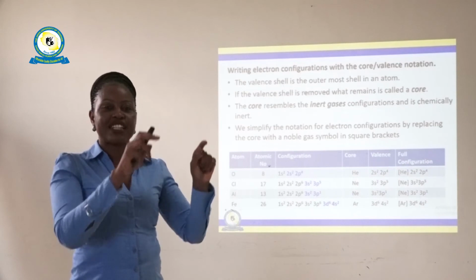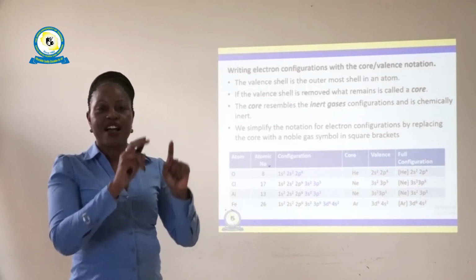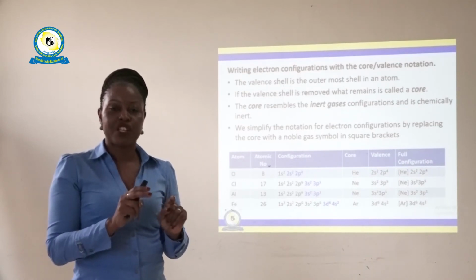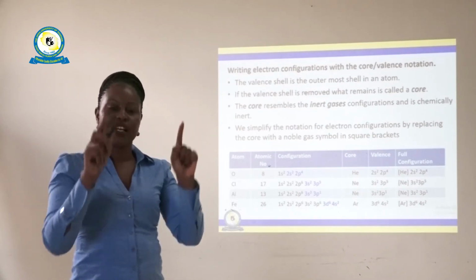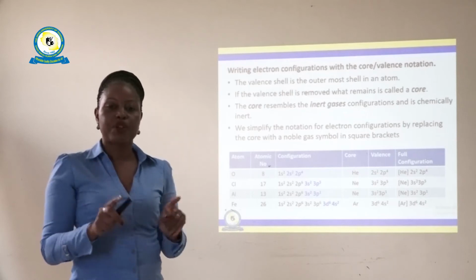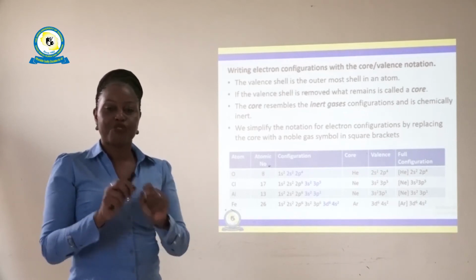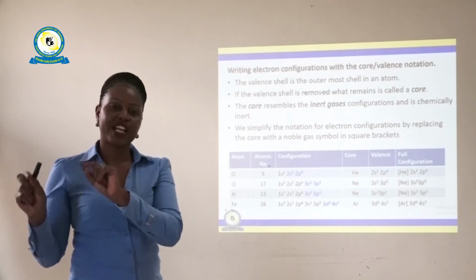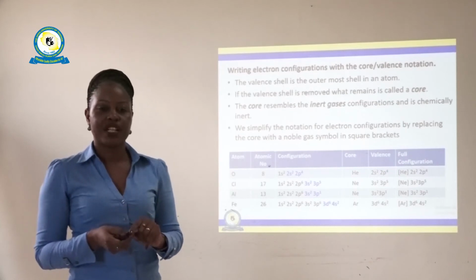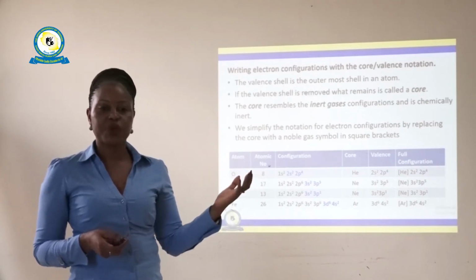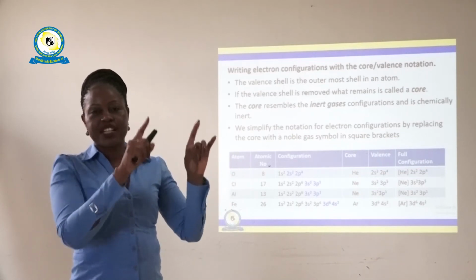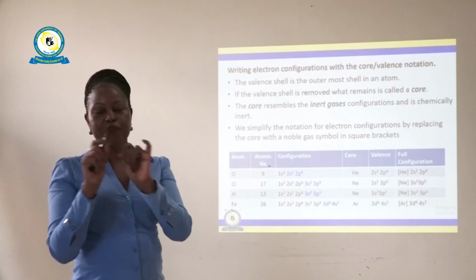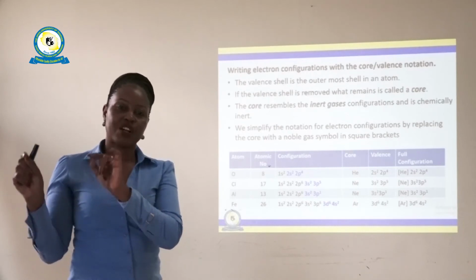But we know that the 2 electrons correspond to helium. So instead of writing the full configuration, you just write helium in box brackets, followed by the valence shell configuration. Likewise for chlorine, which has 17, it corresponds to neon, followed by the outermost shell configuration.